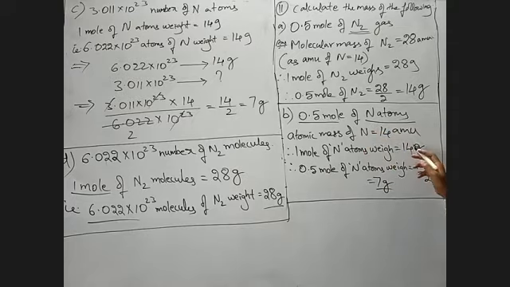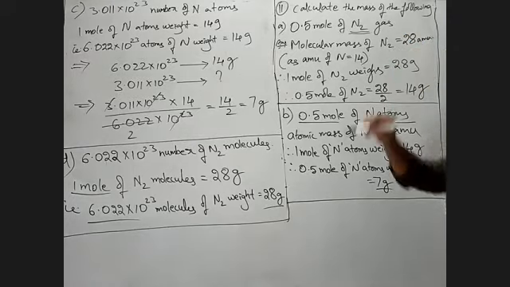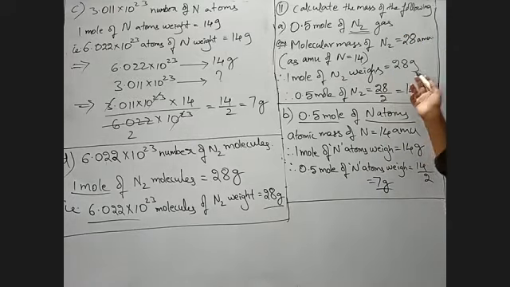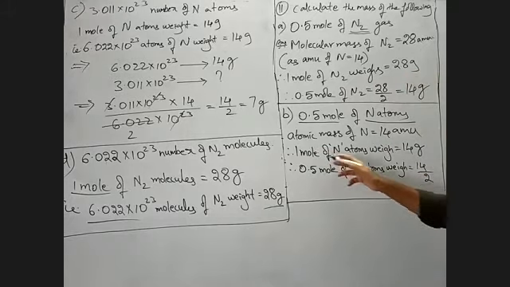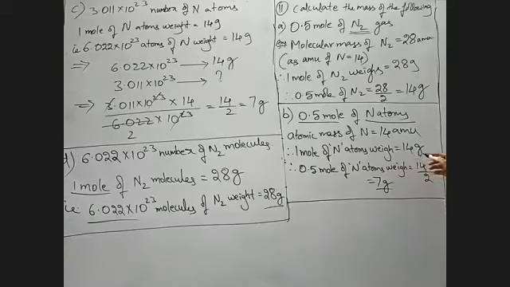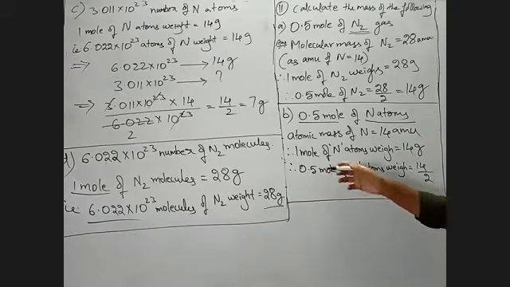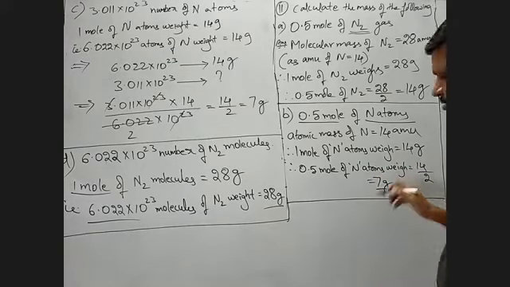But 1 mole means again the discussion will change. 1 mole of nitrogen atoms is weighing 14 gram. Therefore 0.5 mole means half mole, 14 into 1 by 2. That means 14 by 2, which is 7 gram.